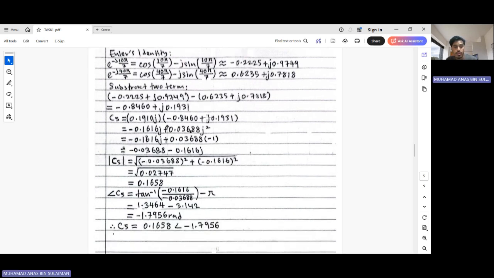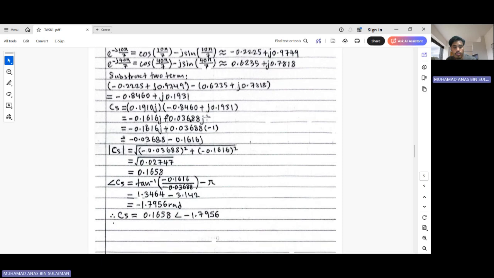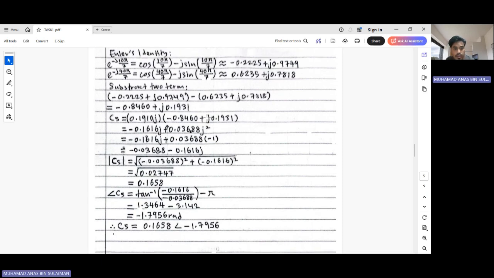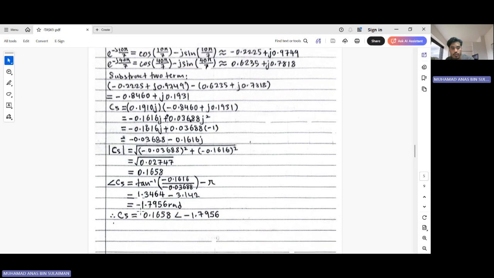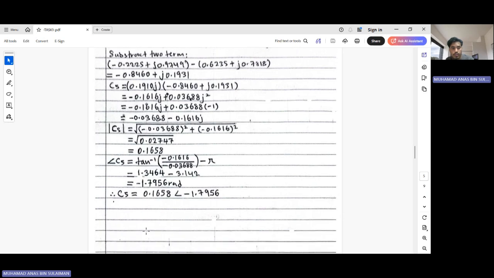We must find the magnitude, and the phase angle must be subtracted with pi. And then we get negative 1.7956 radian and the magnitude is 0.1658.